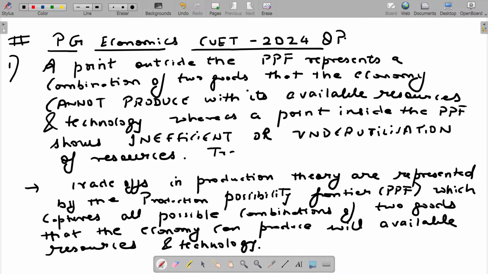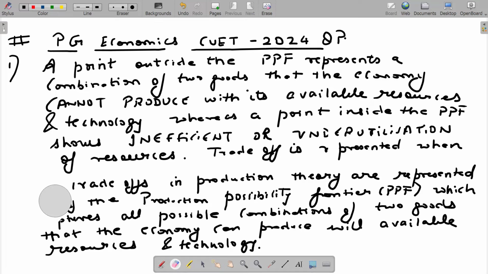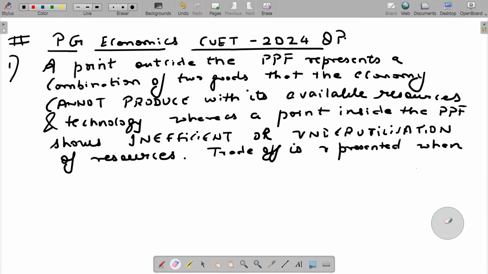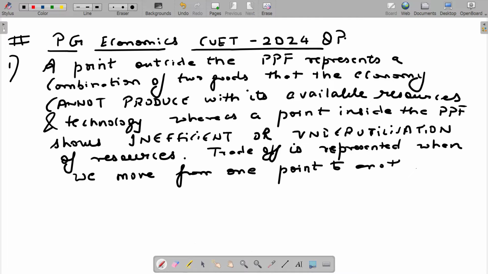So trade-off is represented when we move from one point to another on the same production possibility frontier. So I've given too much explanation just to help all students understand, and a quick diagram as well.